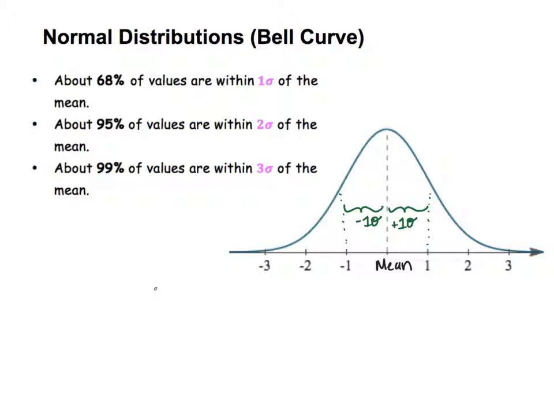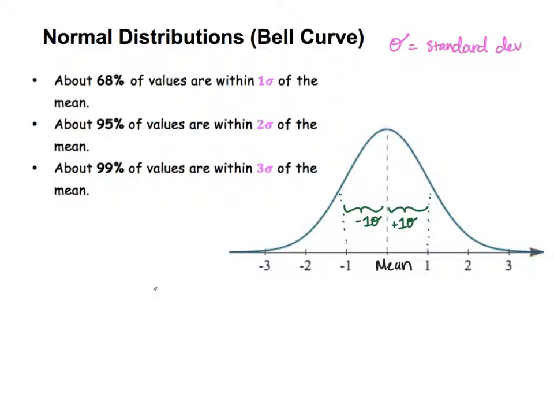Now, what does that mean, referring to a real life example? Well, let's say that the mean for your test score, so in my class, the mean or the average was 70%. And the standard deviation, as in that sigma symbol, is what we call the standard deviation.